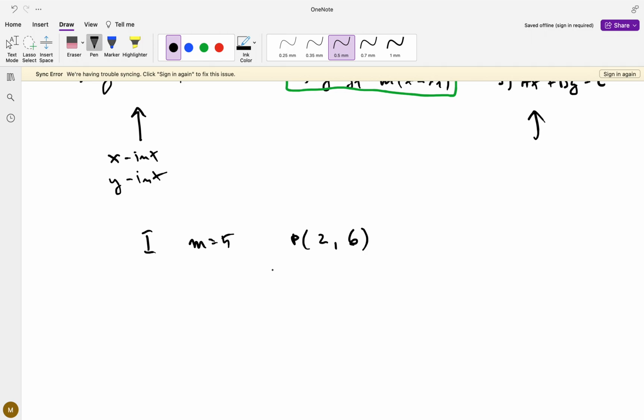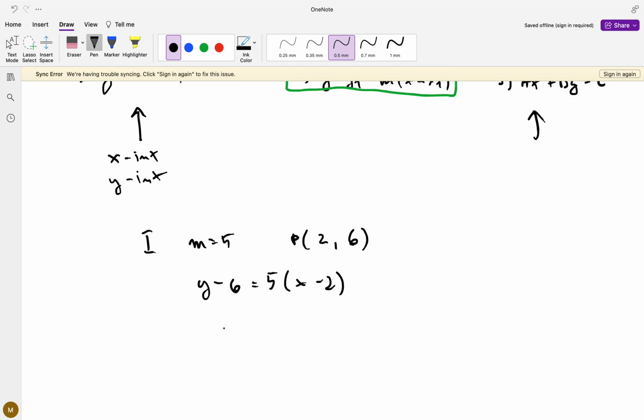Find the equation of a line using the point slope formula, then convert that into the slope intercept. So finding the equation of this line using the point slope formula is very simple. All you have to do is plug in the numbers into the point slope formula. So it's going to be y minus y1, which is 6, is equal to our slope m, which is 5, times x minus 2.